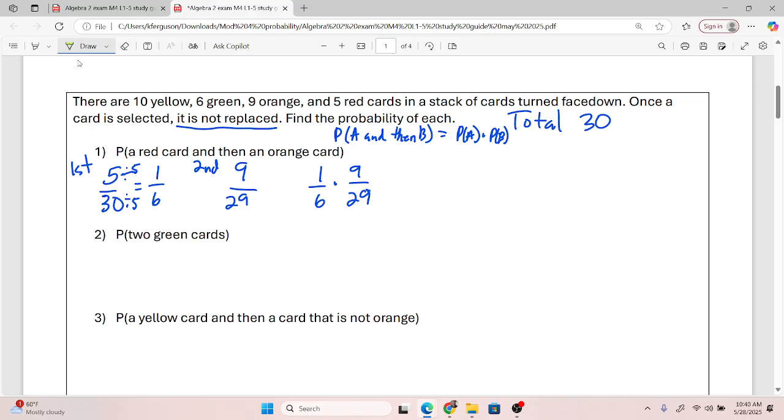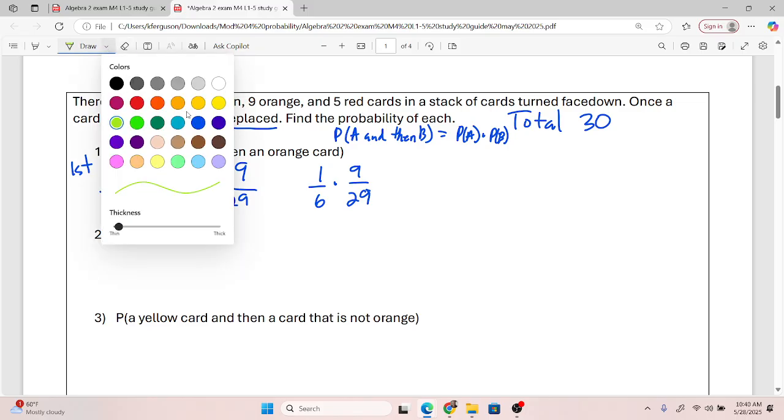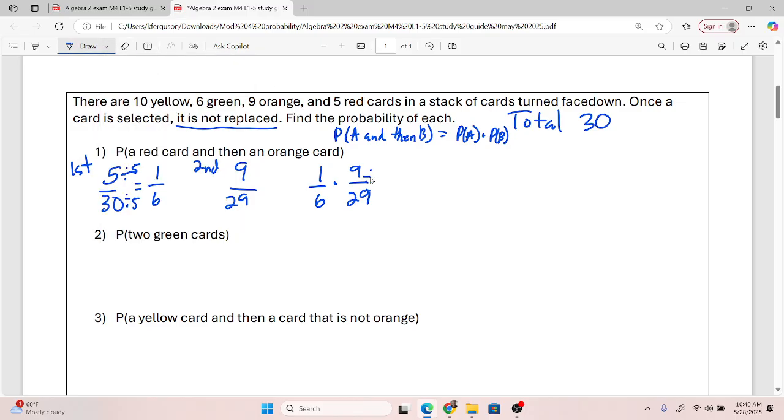So I'm going to divide 9 by 3, and I'm going to divide 6 by 3. That gives me a 2 and a 3. So now I'm looking at 1 over 2 times 3 over 29. There's no more reducing to do, so I just got to multiply. 3 times 1 is 3. 2 times 29 is 58. And that's my answer.